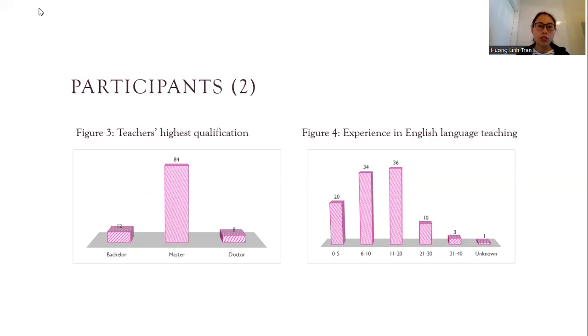The majority hold a master's degree, and just a minor number have bachelor's or doctoral degrees. Teachers' experience in English language teaching ranges from 1 year to more than 40 years, and the majority groups are 6 to 10 years and 11 to 20 years.